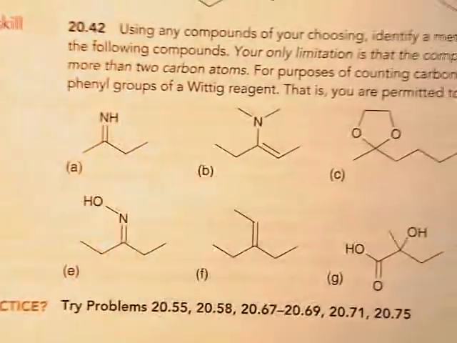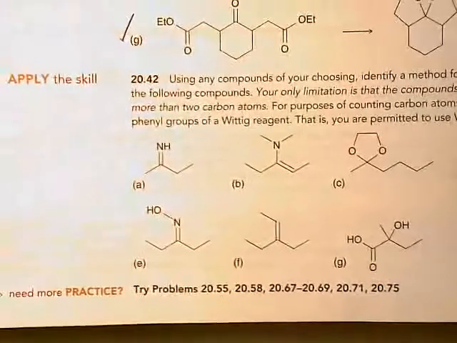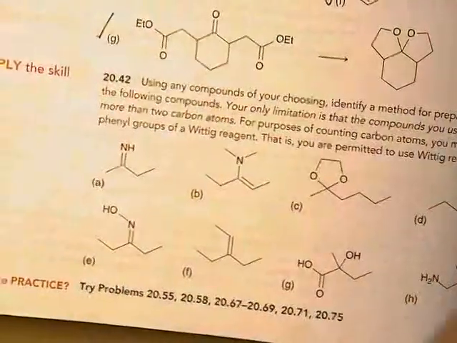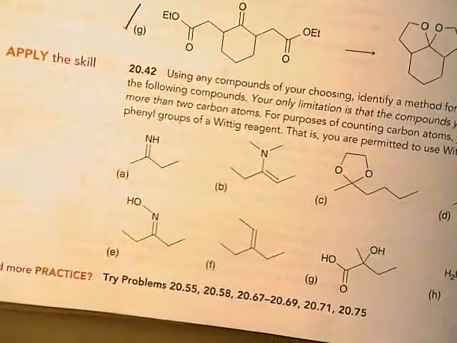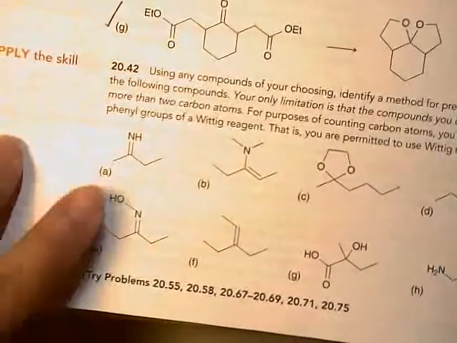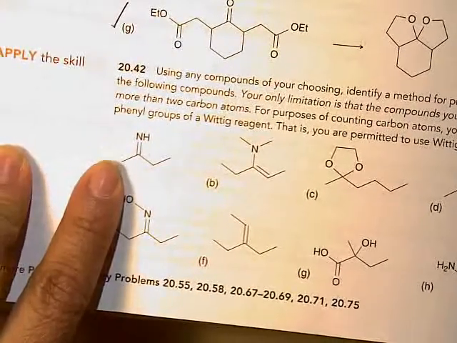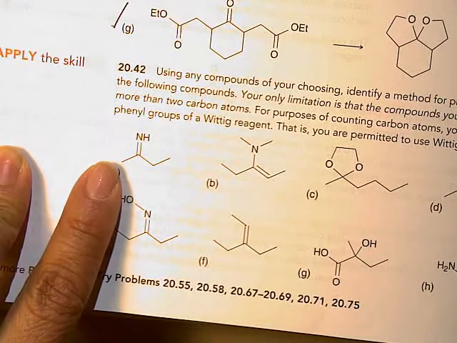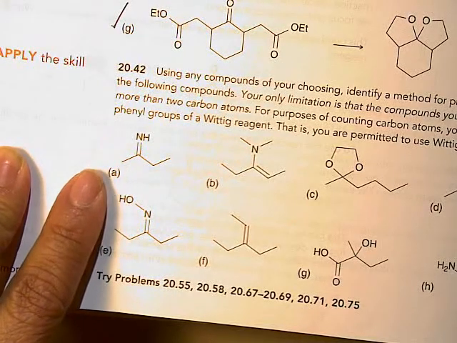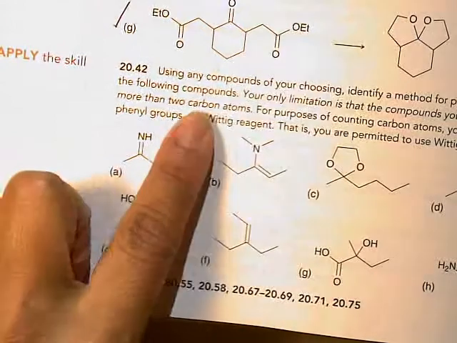20.42. I'm going to just briefly show you in the book what it looks like. So these are the problems. There's 8 of them, and what you're asked to do is to come up with starting materials that are no more than 2 carbon atoms.